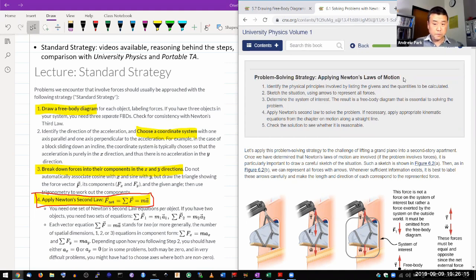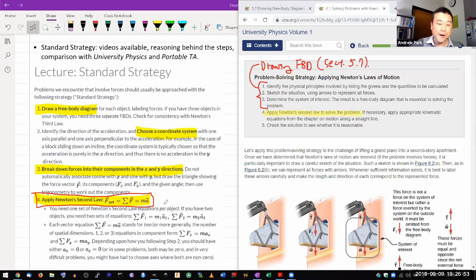And some of the steps that they are laying out here are a bit duplicative, because these first three steps here, this is drawing free body diagram, as they already covered in section 5.7. So really the only new thing that they are introducing here is what they are saying: apply Newton's second law to solve the problem.